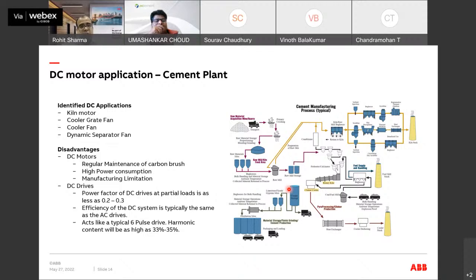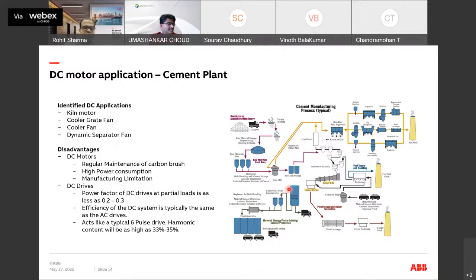With respect to time and technology, DC motors have certain disadvantages, which require regular maintenance of the carbon brush, high power consumption, and manufacturing limitations of the DC motor. The power factor of DC drives is 0.2 to 0.3.